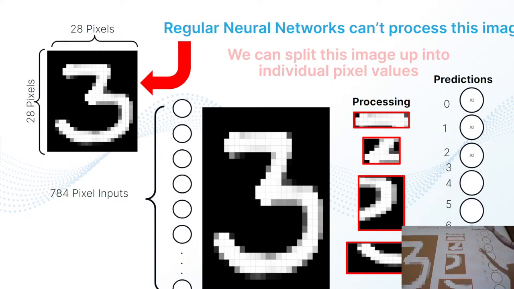And this is just a numerical visualization of what the image actually looks like. We're taking the image and all of its pixel values and just crunching it into a one-dimensional vector of all of the pixel values.